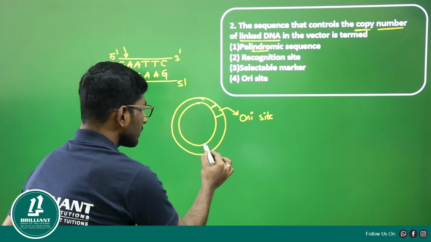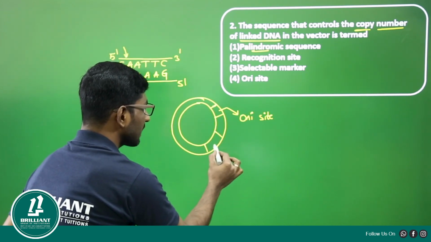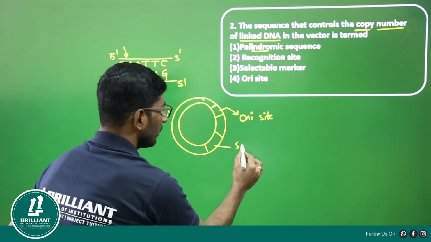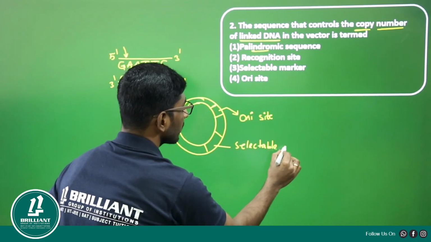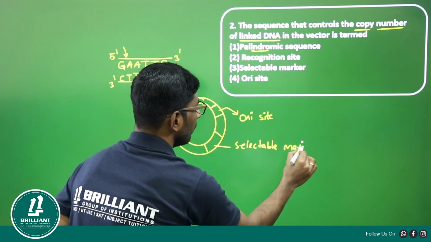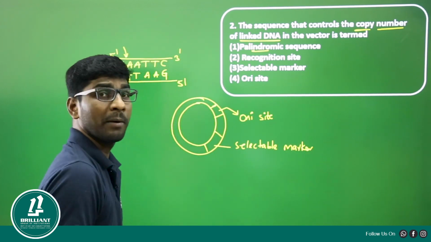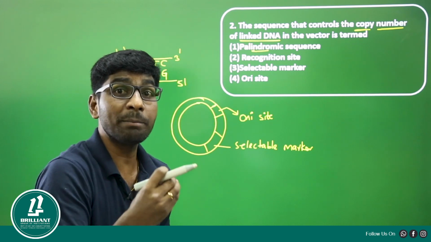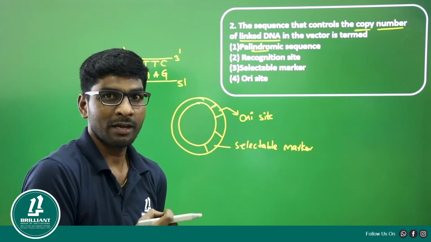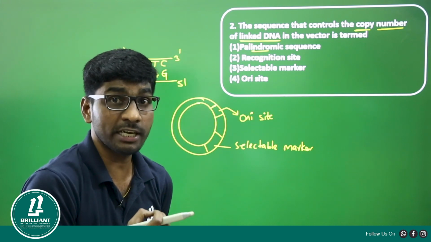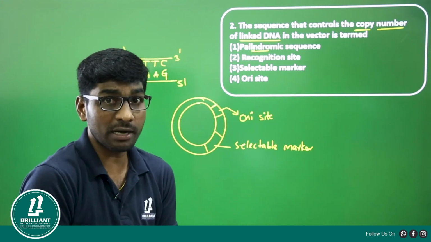Next, selectable markers. Selectable markers are antibiotic resistant genes, right? Tetracycline, yes or no? Or the beta galactosidase enzyme we use as a selectable marker.